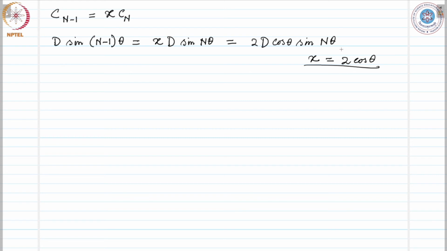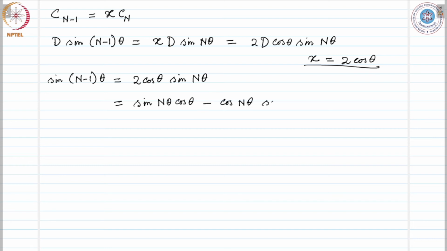And if we have this, then we can write that sine n minus 1 theta equals twice cosine of theta sine of n theta, which is sine n theta cosine theta minus cosine n theta sine theta.